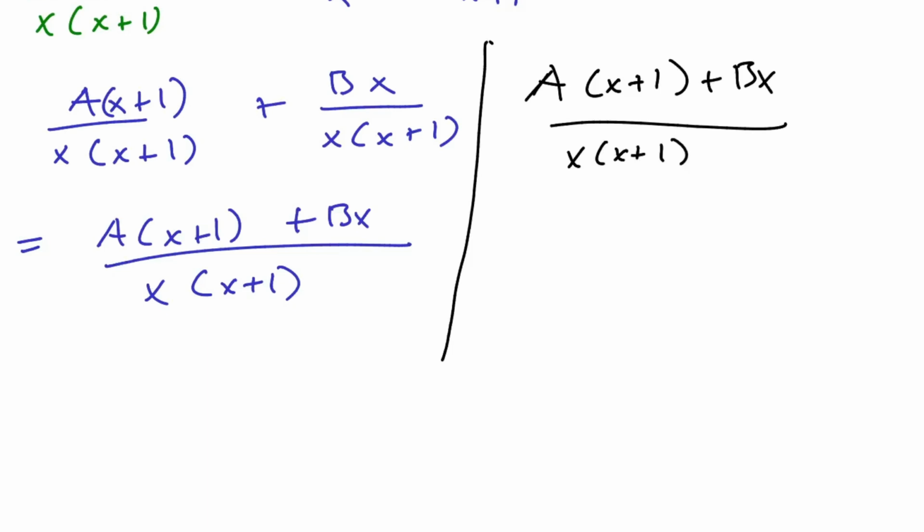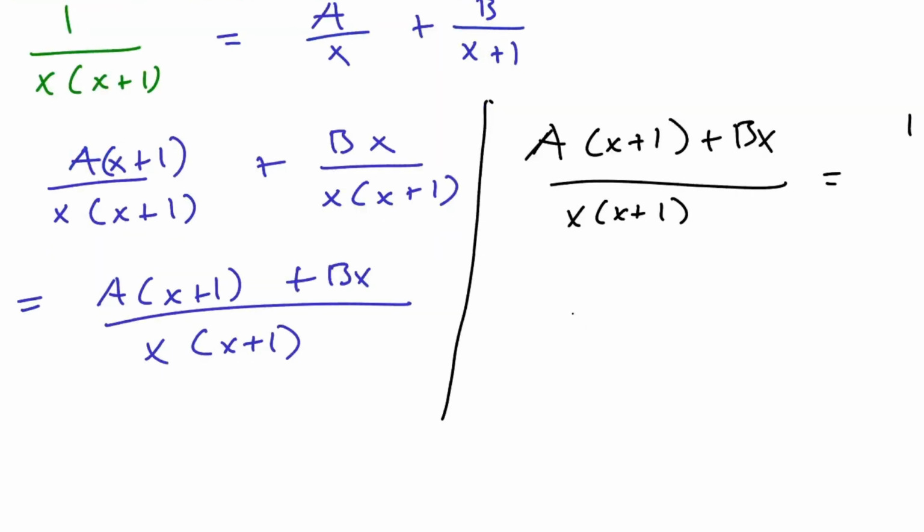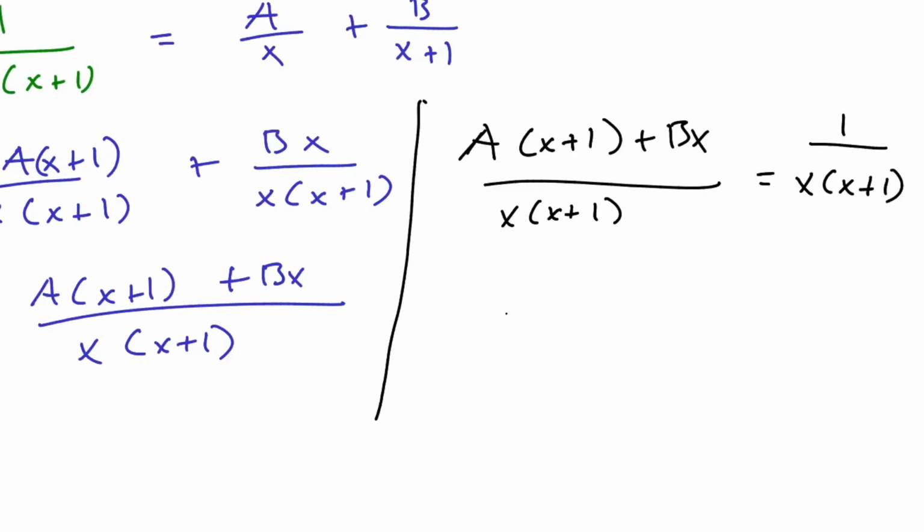Since our denominators are the same, all we have to do is focus on our numerators. So we have A(x plus 1) plus Bx equal to 1.